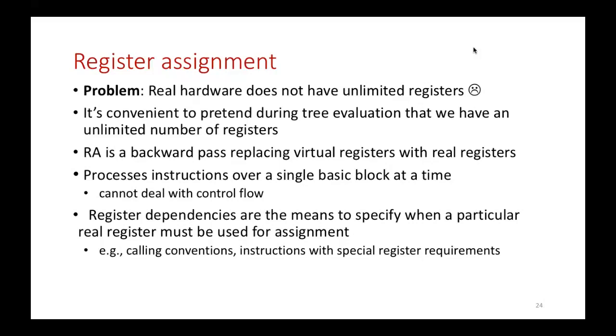This is used for handling calling conventions, like if the first and second parameter of a call have to be in a certain real register as the linkage specifies, or if there's a particular machine instruction that has a requirement that one of its operands be in a particular machine register, like for example a shift instruction, where register 3 must contain the shift count as the ISA specifies. So we use register dependencies for that.